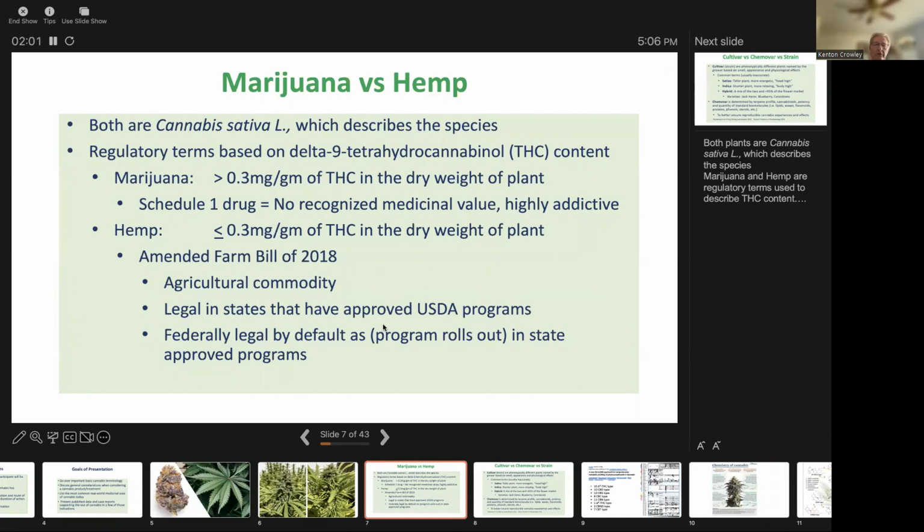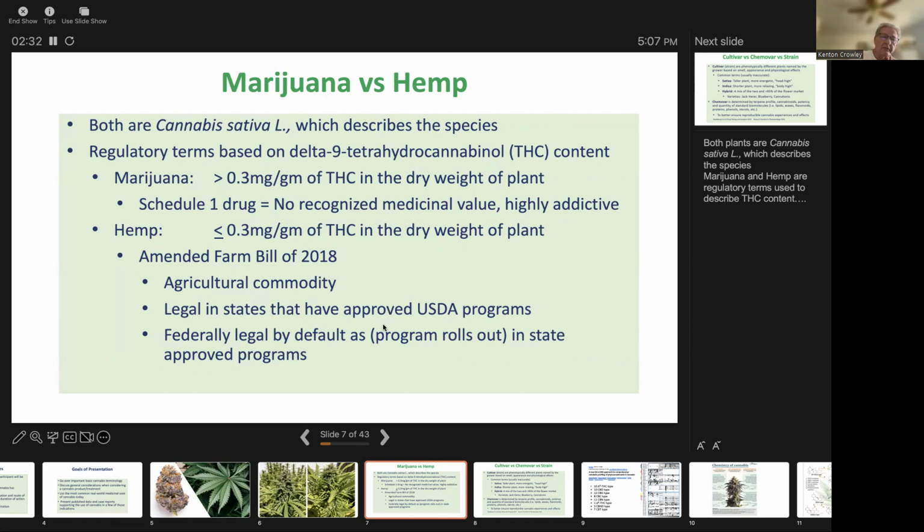Marijuana has greater than 0.3 milligrams per gram of THC in the dry weight of the plant, and it's still, as of this day, a federally Schedule I drug, which by definition has no recognized medicinal value and is highly addictive. And hemp has 0.3 milligrams per gram or less of THC in the dry weight of the plant.